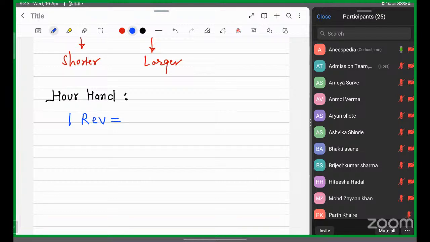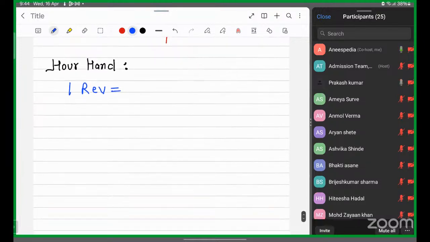How much time will the hour hand take to complete one revolution? Yes, 12 hours.